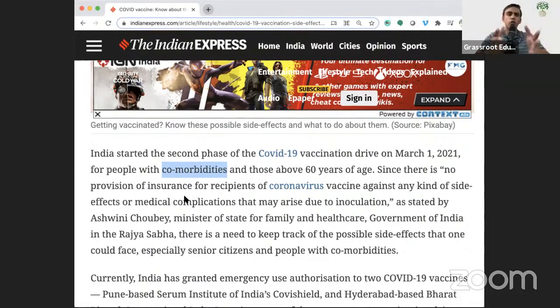If someone gets COVID-19 and they have, say, diabetes already, then these patients would be termed comorbid patients and they would get priority for a vaccine. So that's what's happening, right? India started this phase for people with comorbidities and those above 60 years of age. So this is the priority.